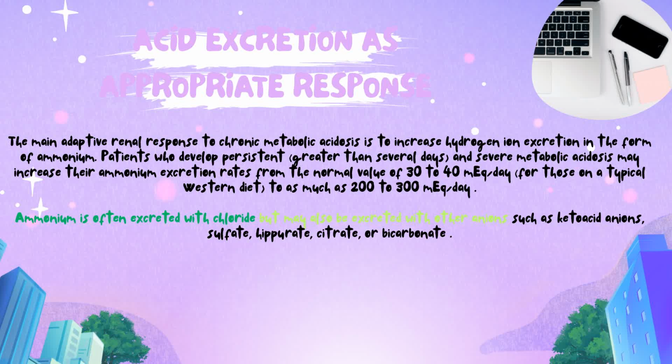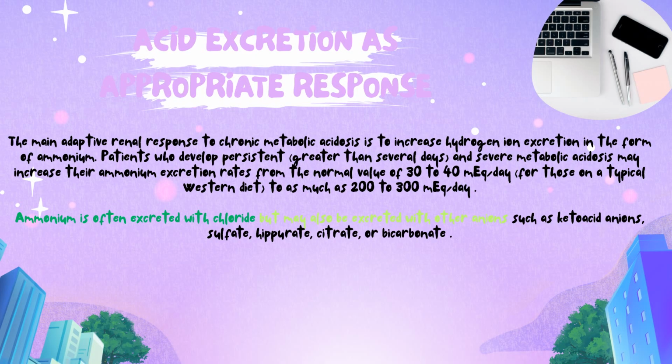The ammonium is often excreted as chloride, but it does get excreted as other anions as well, which is why we do have a concept called the urinary osmolar gap, because that better represents the amount of ammonium that is in total excreted along with chloride and the other anions.